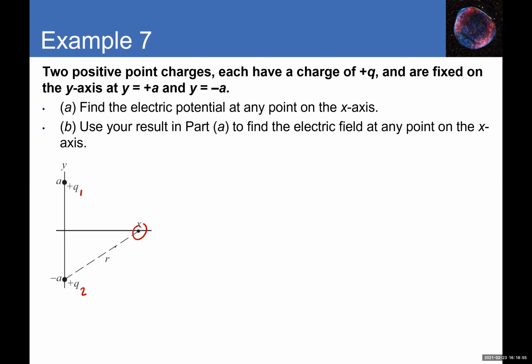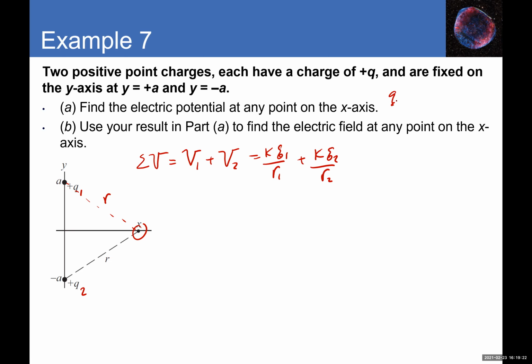So let's choose this point X. I'm going to find the potential at point X. Since both charges are distance a from the origin, this R is the same for both of them, and their charges are the same as well. So potential 1 plus potential 2, which is my net potential, will be kQ1 over R1 plus kQ2 over R2.